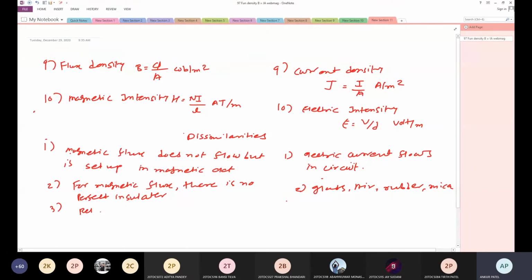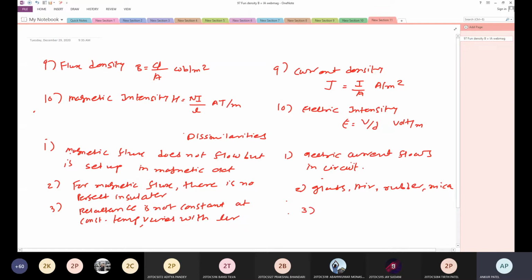Here, reluctance is not constant at constant temperature, varies with mu r.